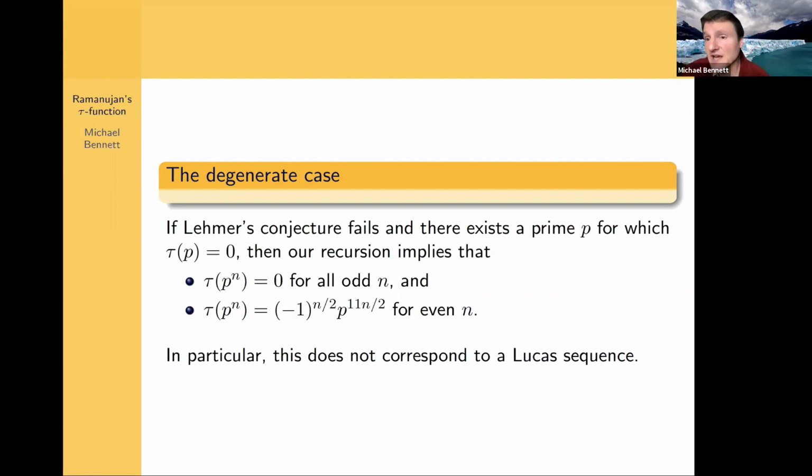It doesn't correspond to a Lucas sequence because for Lucas sequences, you'd need these things to be coprime. So that's a situation that doesn't work, but that's a situation we just have to exclude. Our machinery doesn't tell us much. And moreover, we know the truth. We know everything that happens here. We know exactly what tau of p to the n does. So if Lehmer's conjecture is false, this happens, nothing we can do about it.